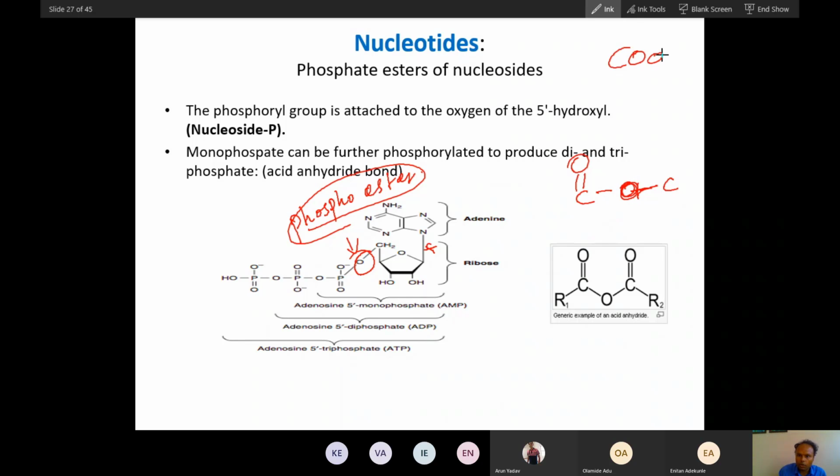You can say COOH is an acid, and an ester is like a salt. It is like a salt bond: C, O, C and then C. If you compare this C-O-C and C, and replace the carbon with phosphorus, can you see the phosphorus double bond to oxygen? Is it similar to this?